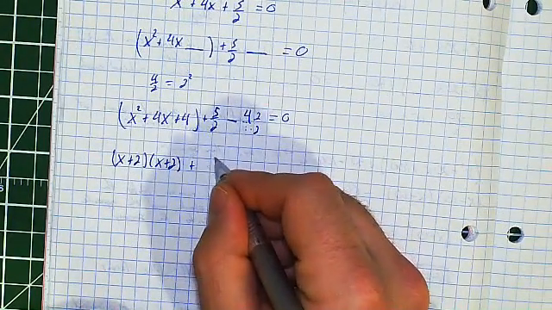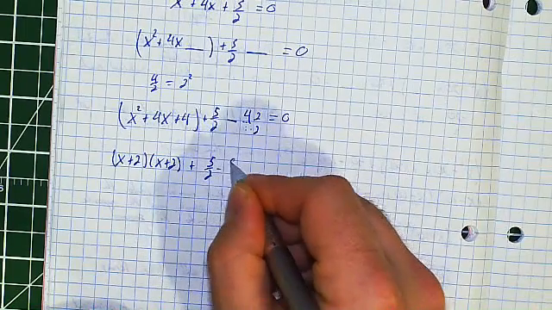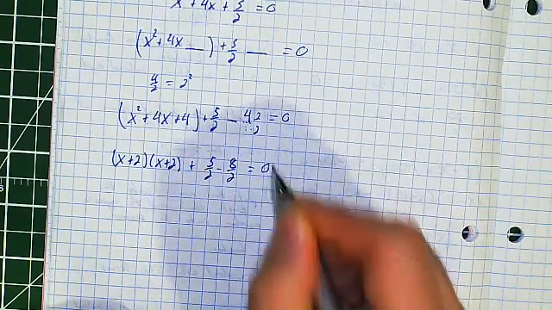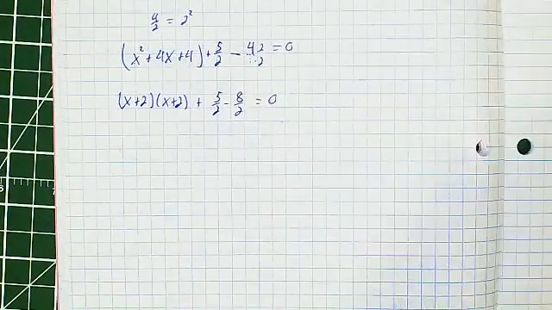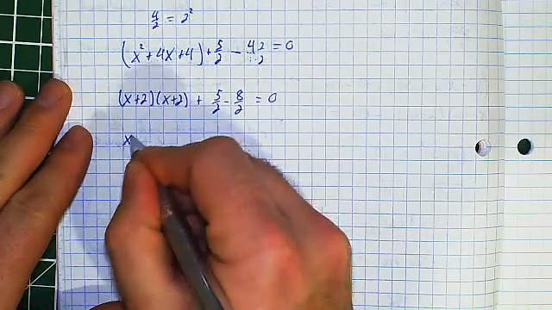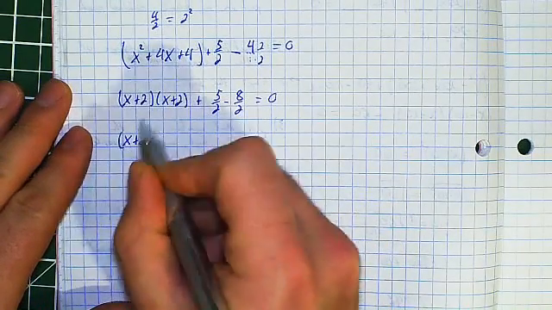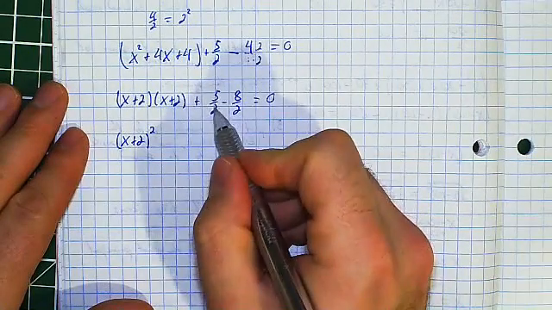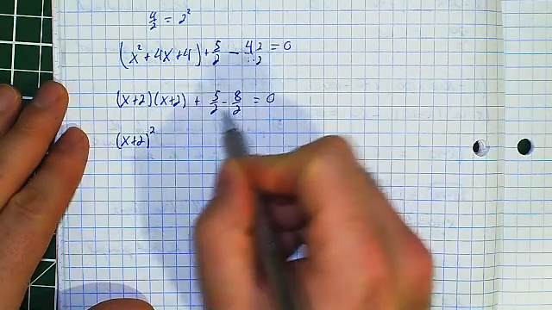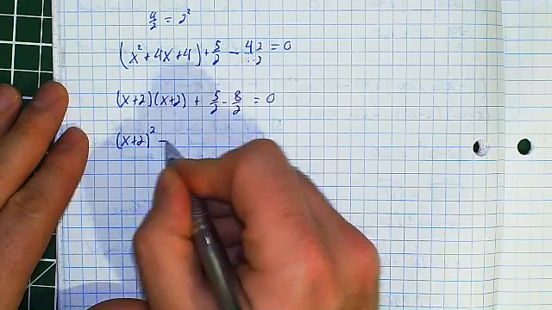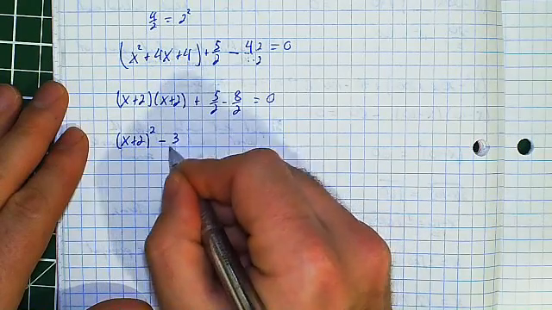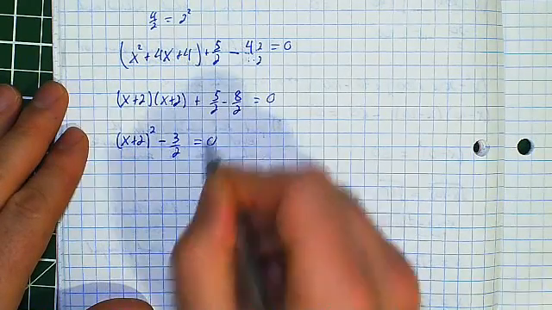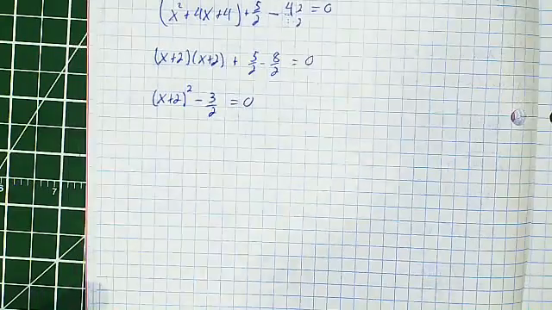And what I get is 5 over 2 minus 8 over 2 equals 0. I'm going to simplify x plus 2 times x plus 2 into x plus 2 squared. 5 over 2 minus 8 over 2 really turns into negative 3 over 2. This will equal 0.